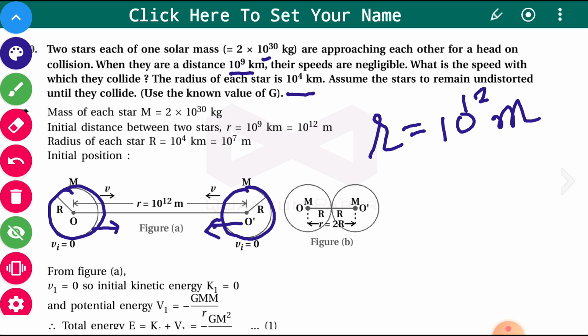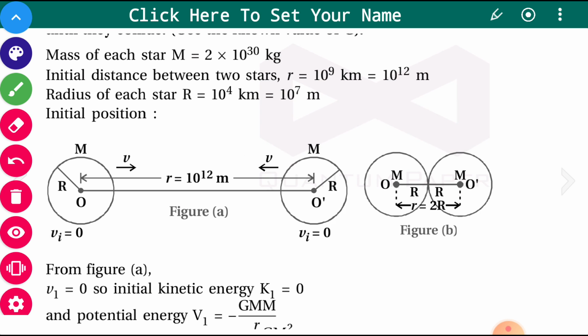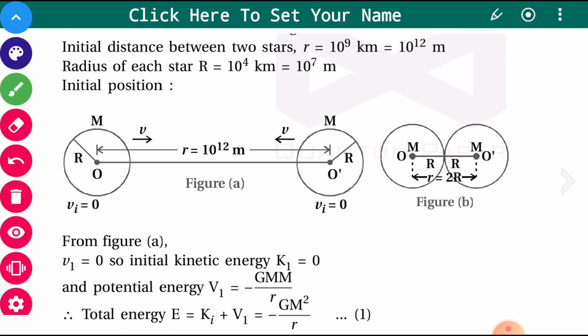Now see, this is the figure which explains the initial condition and final condition. Initially they are at a distance 10 to the power 12 meter, with distances taken from the centers. Their masses we consider as m. Both are the same stars, having a mass equal to the mass of the sun.